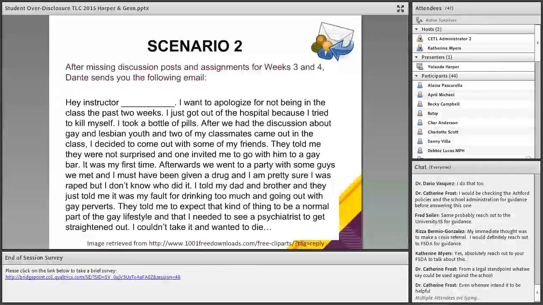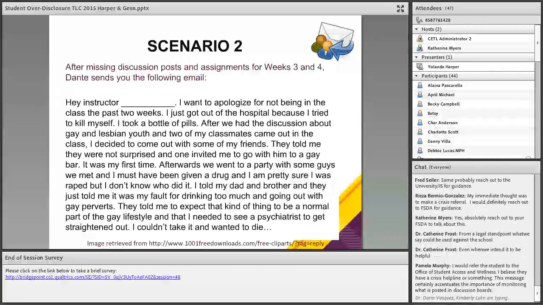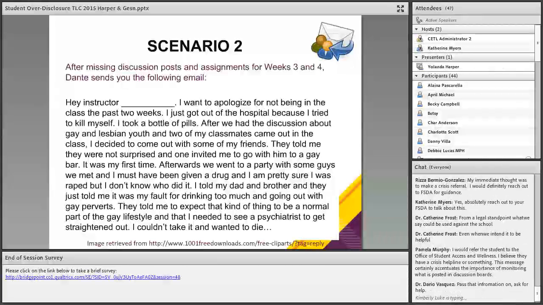If you think about the previous author's recommendations, we could certainly respond with an I statement: I'm not sure how you would like me to respond to this. As a faculty member who also does instructional quality reviews, I've seen some students disclose information like this, and I've seen responses from faculty such as, "I'm sorry you had that experience," and then directing the conversation back to the content in an email.